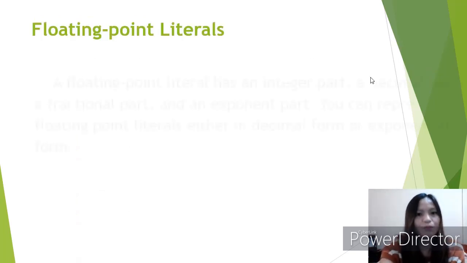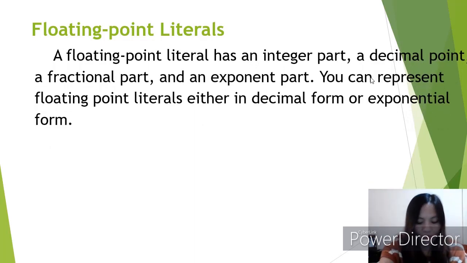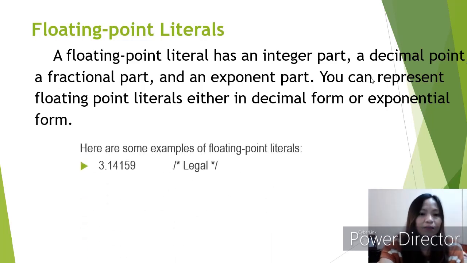And then we have floating point literals. So floating point literals can accept decimal point and fractional part and exponent part. Of course, the integer can only accept whole numbers, negative or positive. But floating point literals can accept real numbers. Here are some examples.